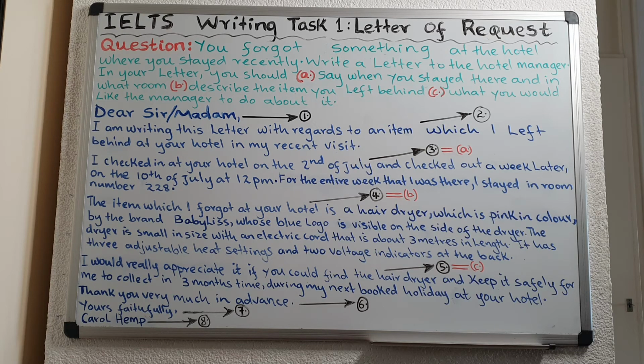How long is it? Does it have heat adjustable settings? Does it have voltage indicators? Now I can tick point B, to show you have already addressed that key point in detail. After that, you move on to the third point, and that is C.